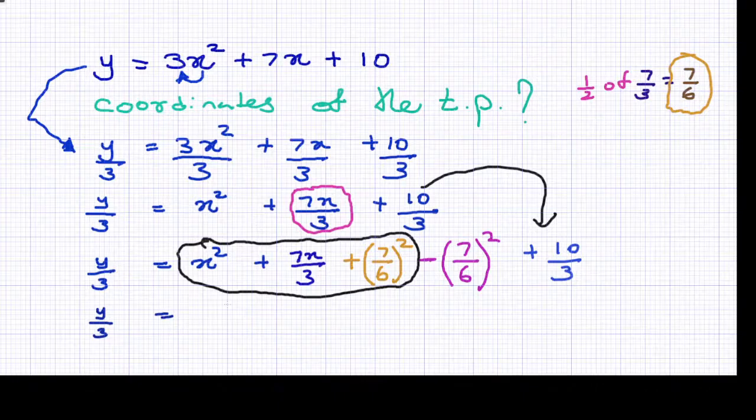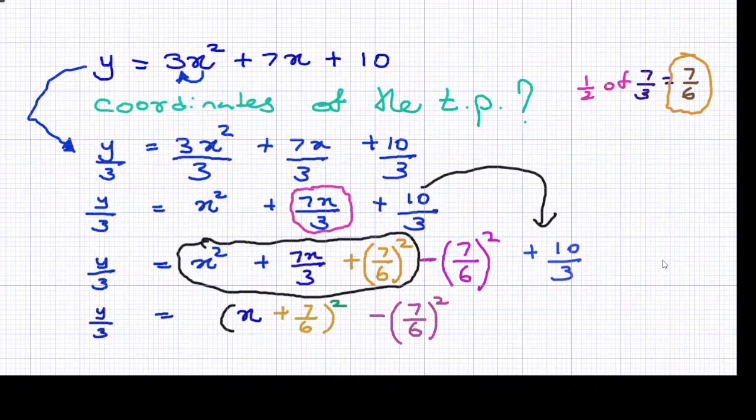So this can be written as (x plus 7/6) whole squared, minus (7/6) squared, plus 10/3.